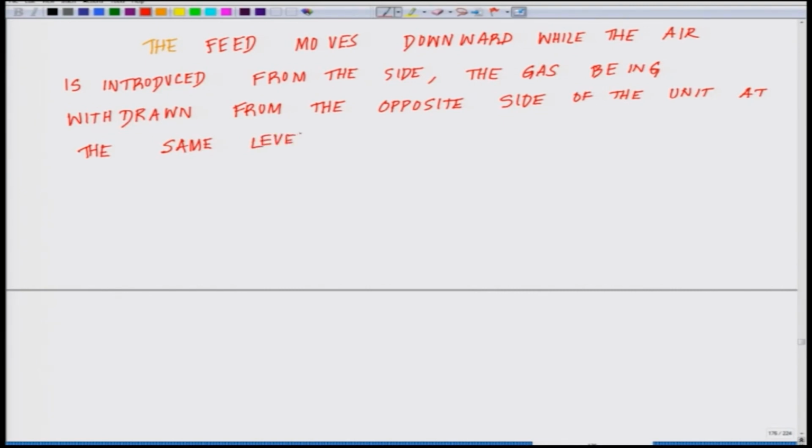This part is very important for you to remember: the same level. This is the fundamental difference with other gasifier types, the fixed bed gasifiers we have talked about.